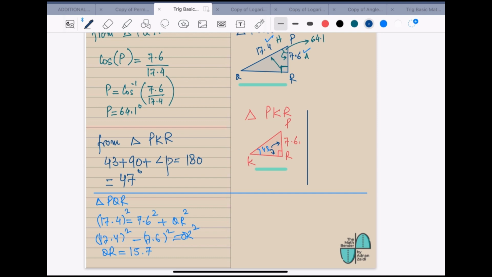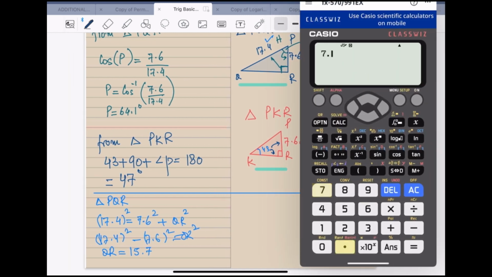So I'll write tan 43 is opposite, which is 7.6 over KR, and KR times tan 43 is equal to 7.6. So KR is equal to 7.6 over tan 43, and you use a calculator. 8.2.